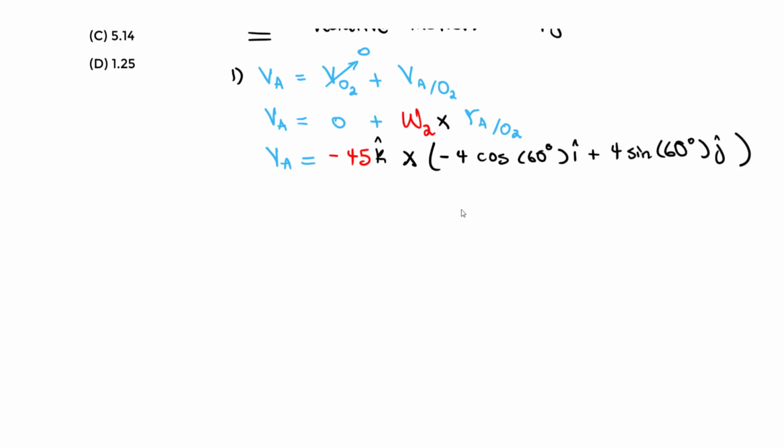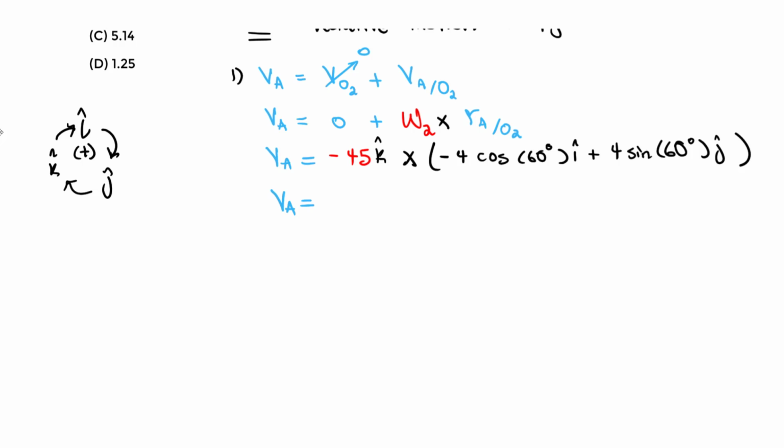So we have that, then we can simply apply the cross product. So VA equals the cross product. Let me denote the positive sign convention for the cross product. So we know that this will be our positive.